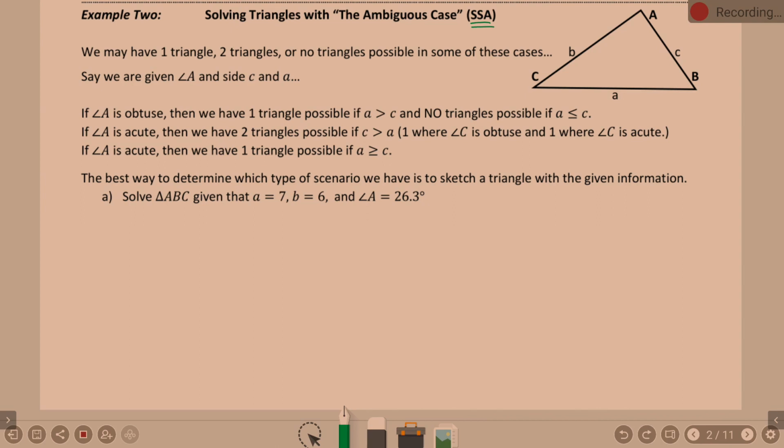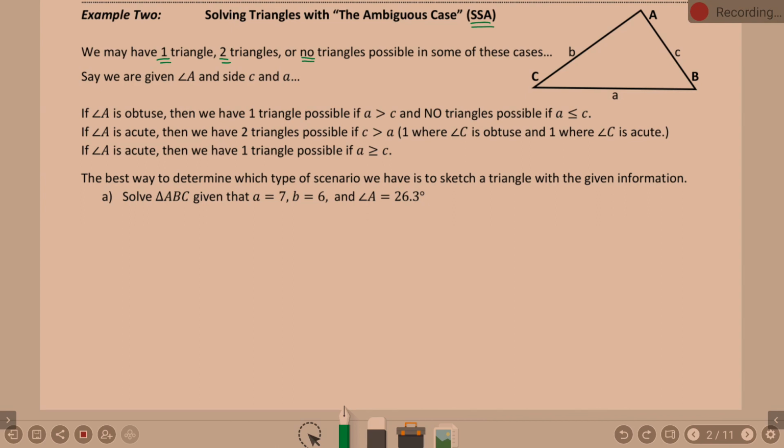Whether there are 1, 2, or no triangles possible. Okay, so again, it all depends on the information they give you. So we may have 1 triangle, 2 triangles, or no triangles possible in some of these cases.